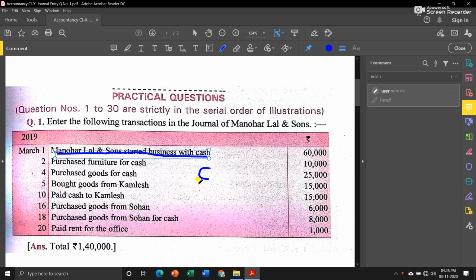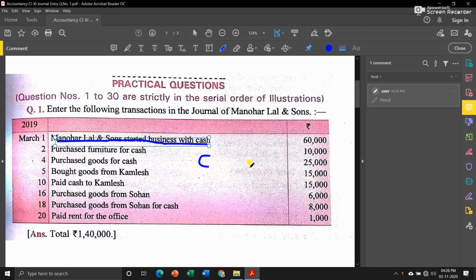When we see, cash is a real account and we have to apply real accounts rule. Now another account that is involved in this transaction is capital, because cash is introduced as capital in the business, and capital account is nothing but the proprietor's account, and proprietor's account is a personal account, so personal account rule will be applied.